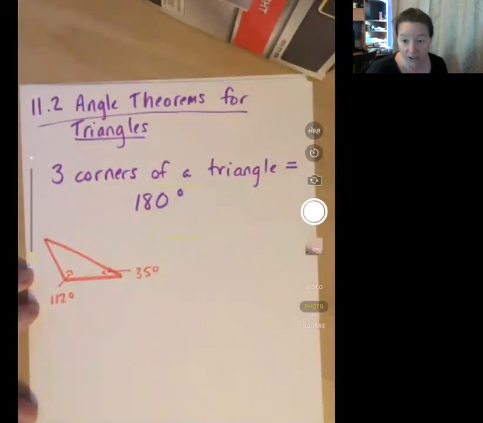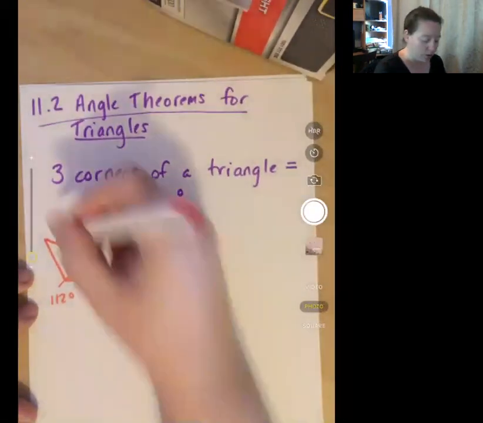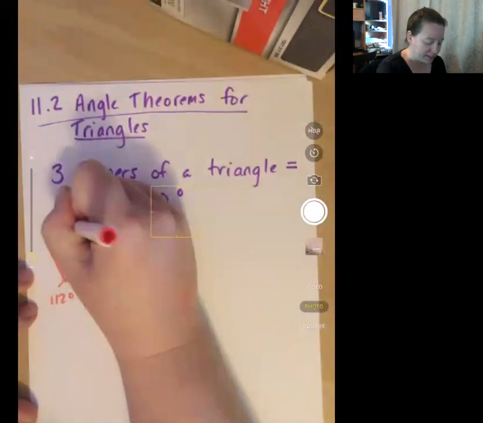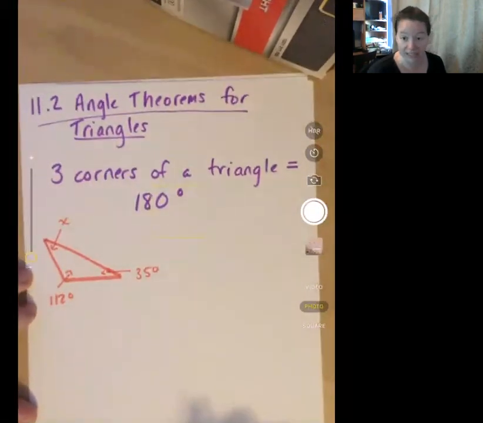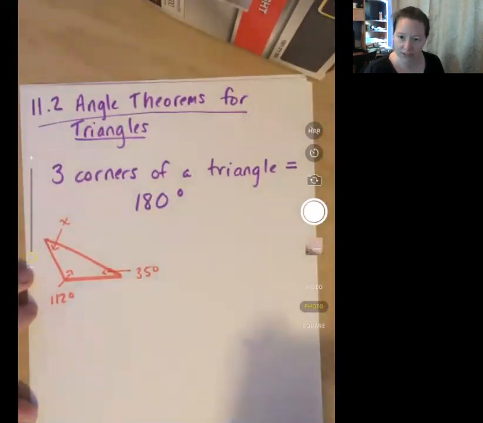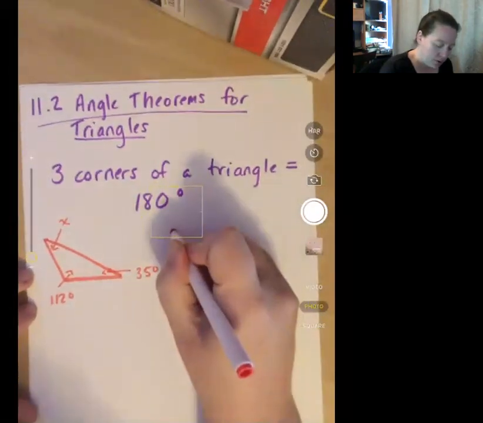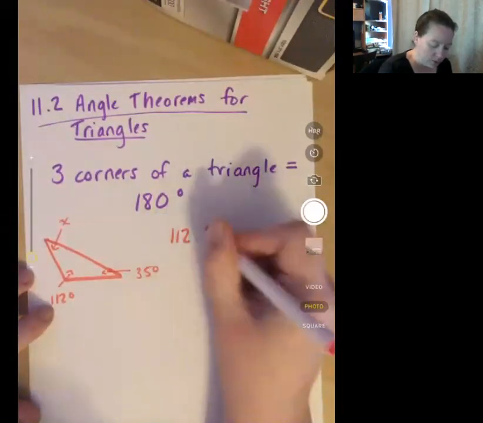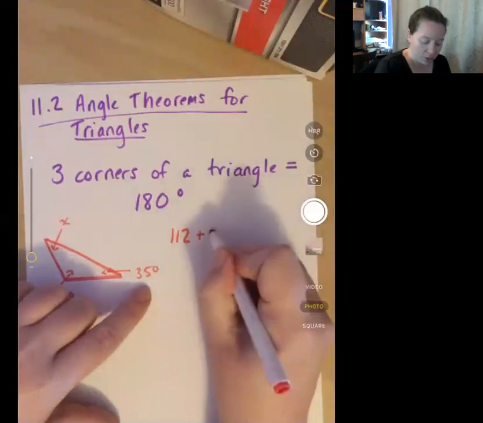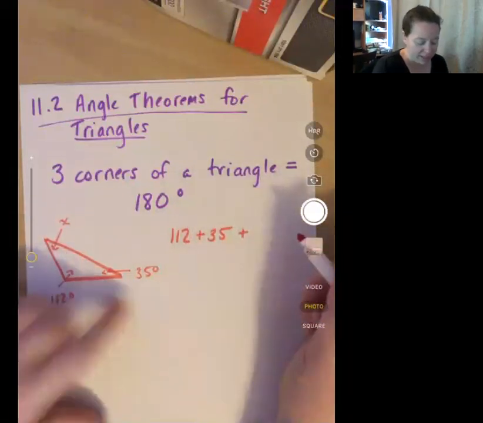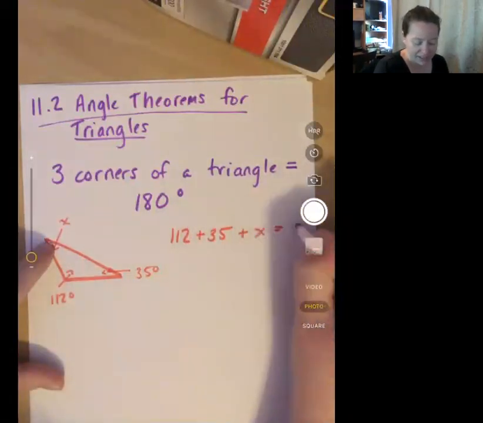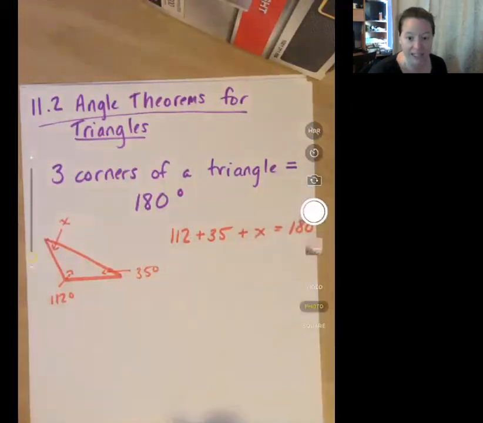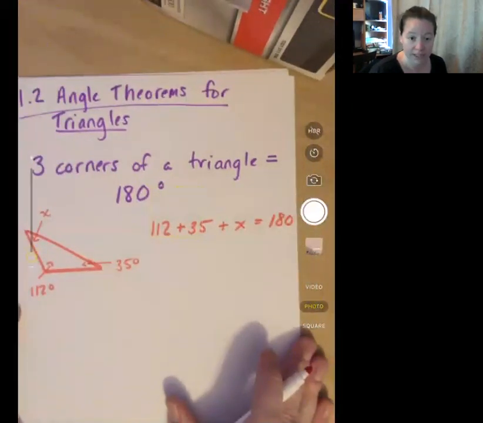I want to know what this is, my x. I don't know what that is. The way I solve this is 112 plus 35 plus x is equal to 180. You see that?